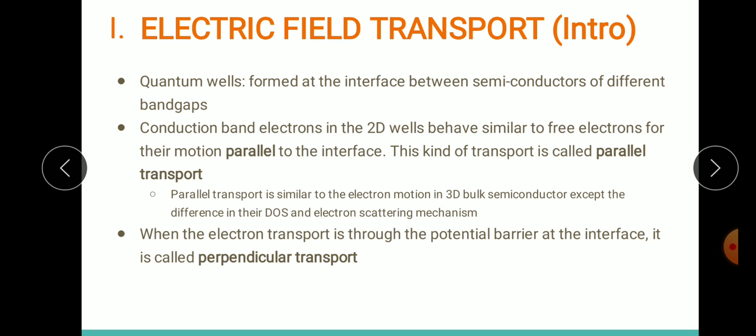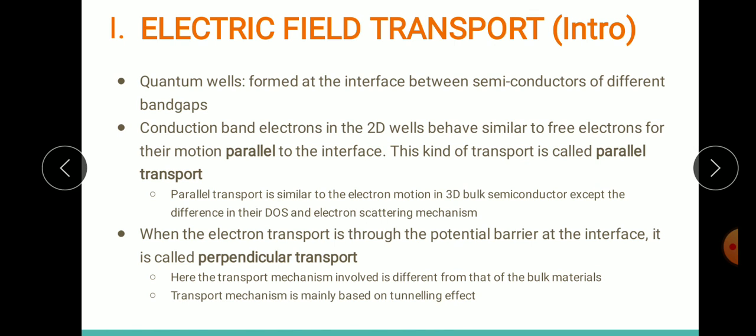So when your electron motion is parallel to the interface, you have parallel transport, and when your electron transport is perpendicular to your interface, or through the potential barrier, you have perpendicular transport. Here the perpendicular transport is completely different from that of bulk materials. We can't expect perpendicular transport to be the same as in bulk materials, because in nanostructures the transport mechanism is normally based on the tunneling effect.